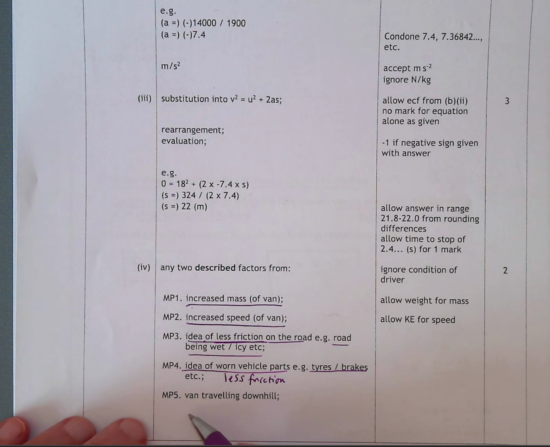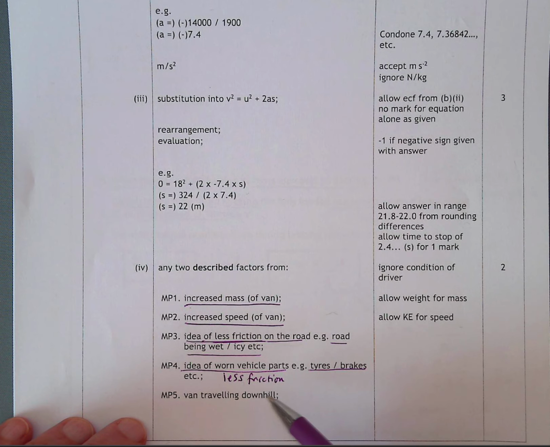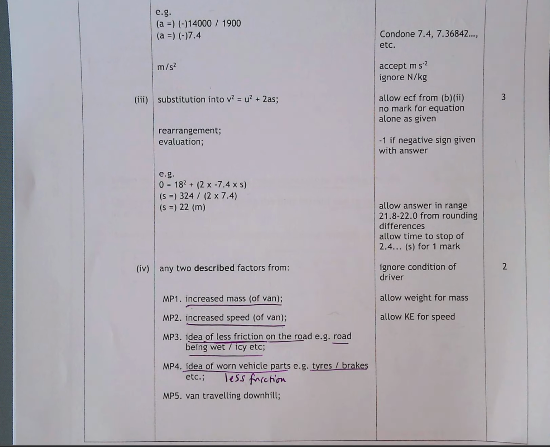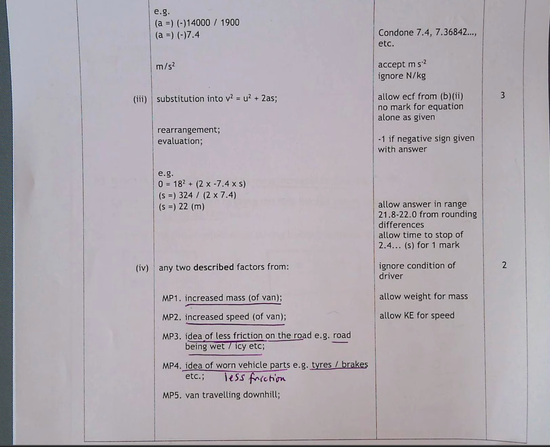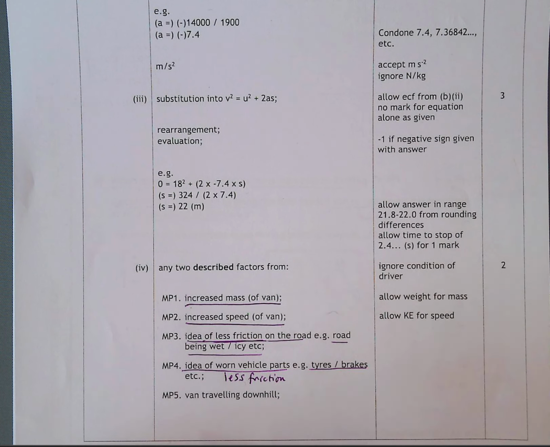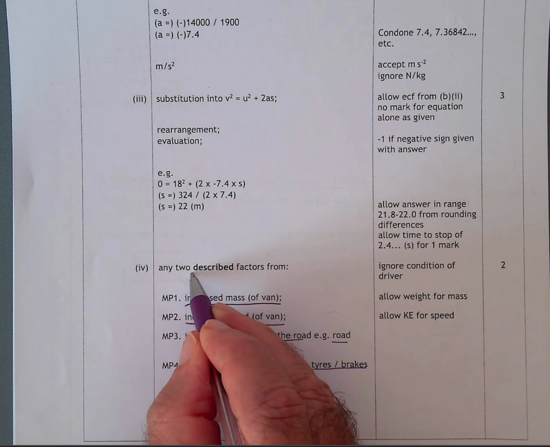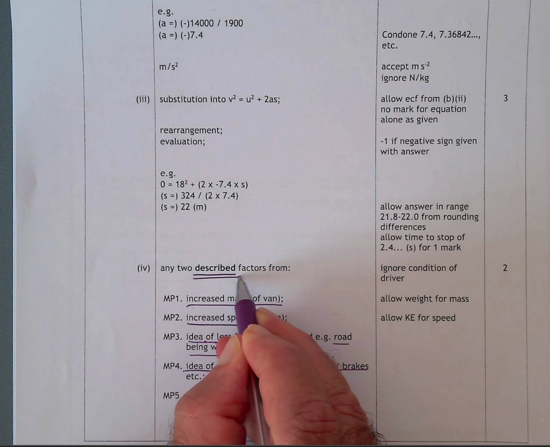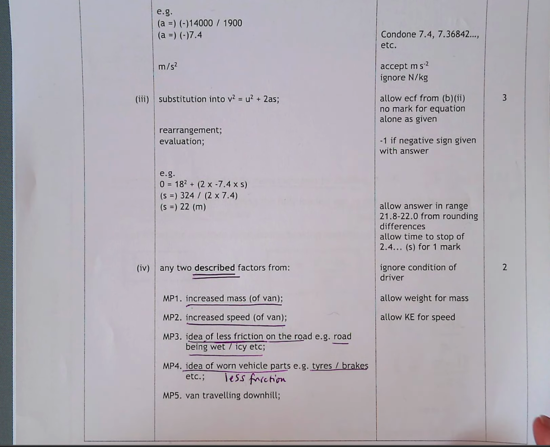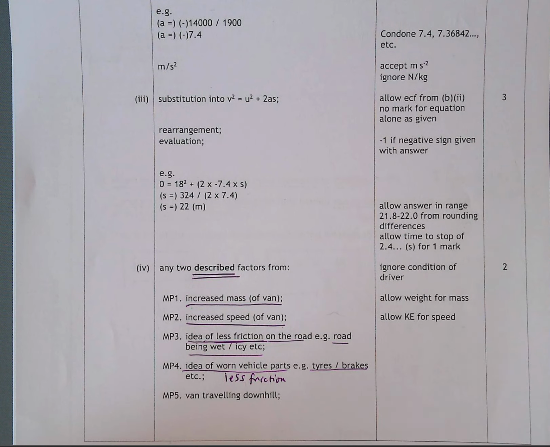And then they also put if the van's traveling downhill, it will make it more difficult to brake because, of course, gravity will be acting against the brakes as well as the kinetic energy of the car that needs to be worked against. Okay, so I hope this makes it clear that when they say you must describe it. I think I need to go back and check that I wasn't too lenient with some of you when you answered your questions.